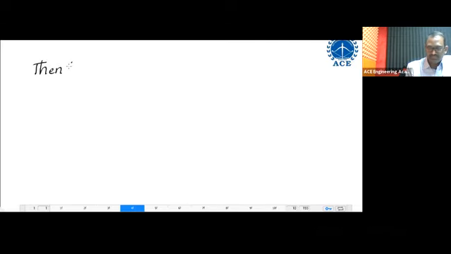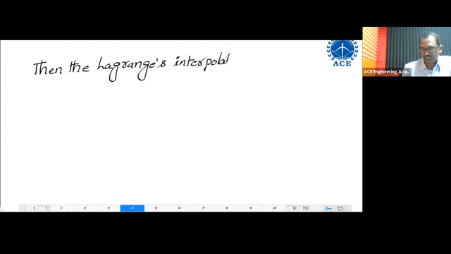Then the Lagrange's interpolation polynomial is.